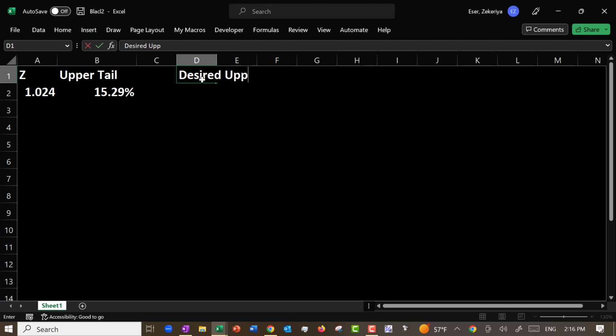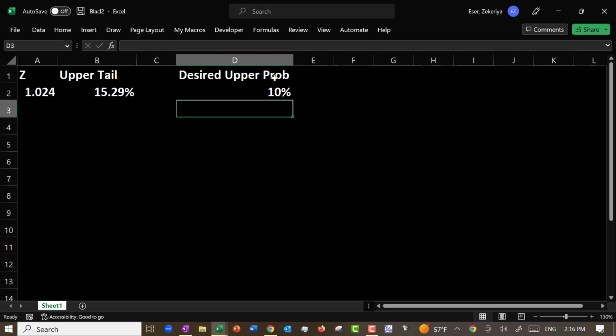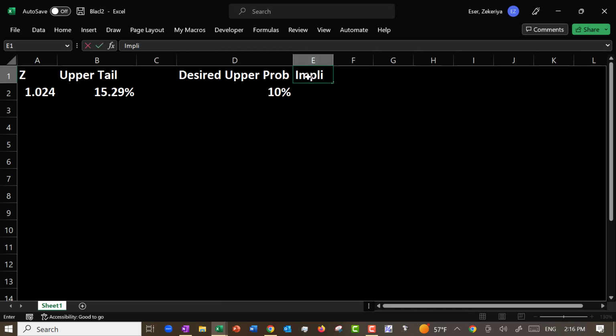Desired upper probability. Desired Z. NORM.S.INV, 1 minus that. Or alternatively, we know the mean and standard deviation.